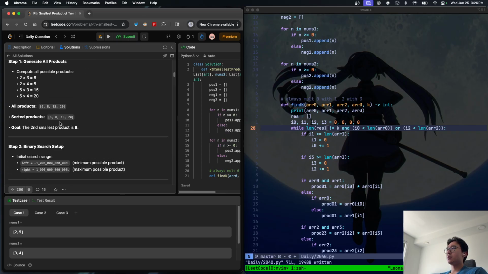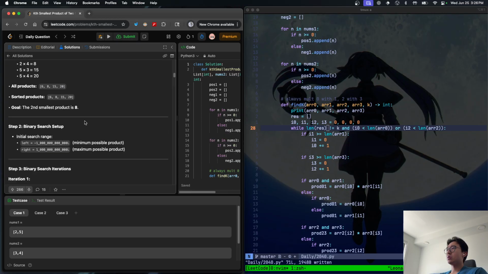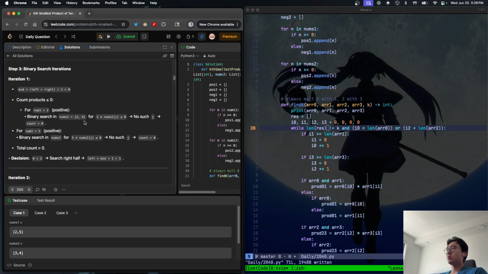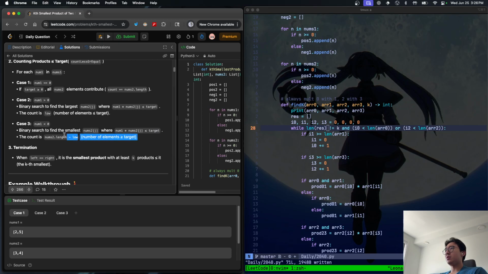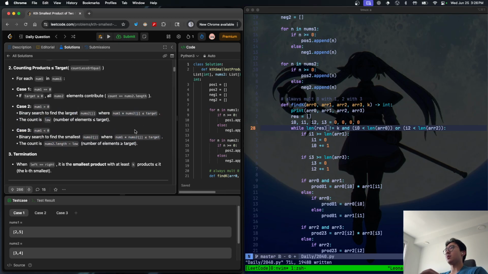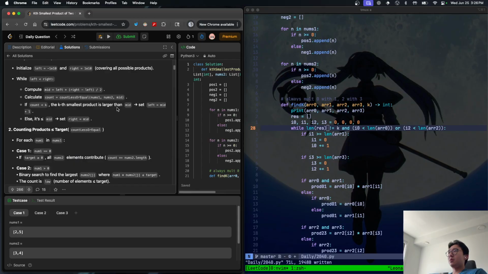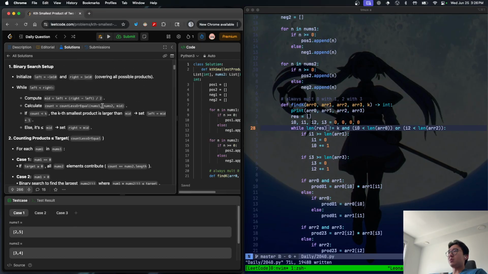Let's see. Okay, so these two parts I didn't understand at all. So binary search to find the, okay, so I see, for each num1 in nums1, if num1 is equal to 0, we have a target. What is the target? nums1, nums2, and have the, oh, the target is the mid.